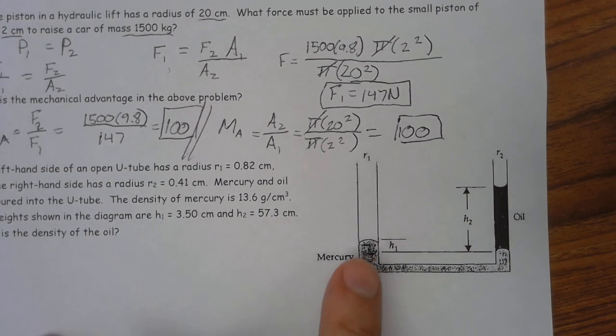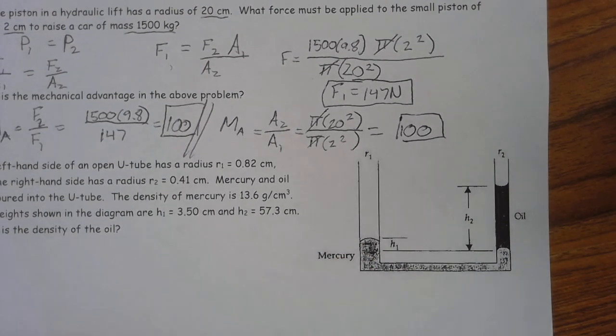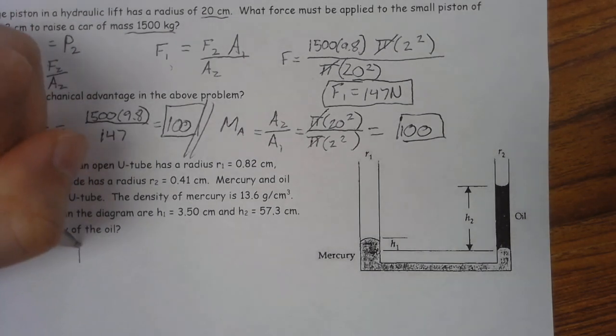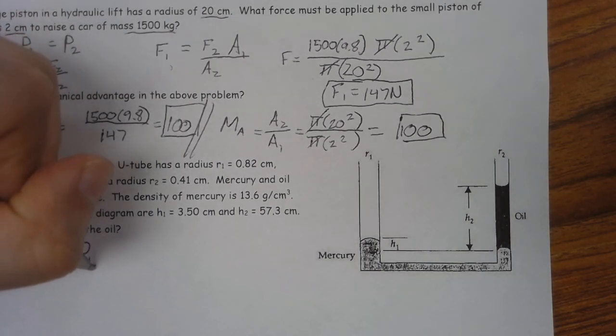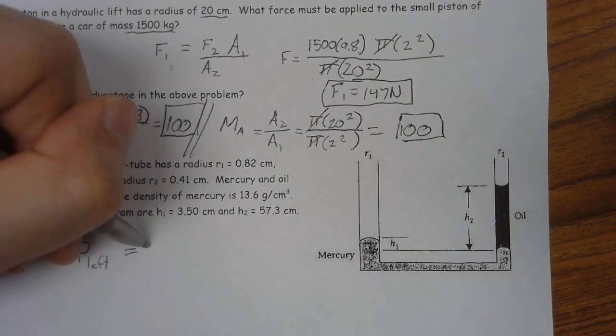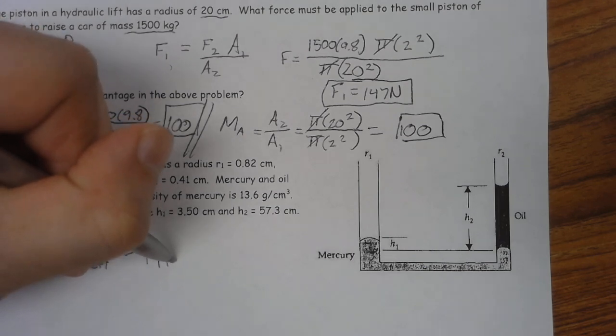All right, so we have pressure in a tube, and the heavy stuff, mercury, on the left, and the light stuff, which is the oil, and maybe some mercury, still on the right-hand side. And in these tubes, the pressure on the left will equal the pressure on the right.